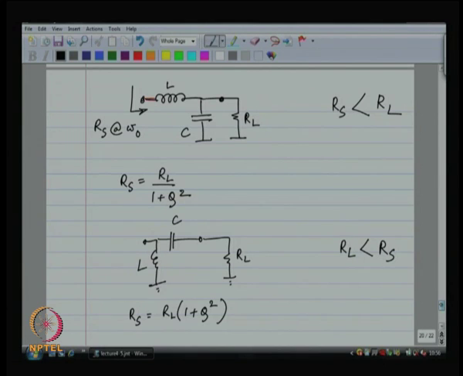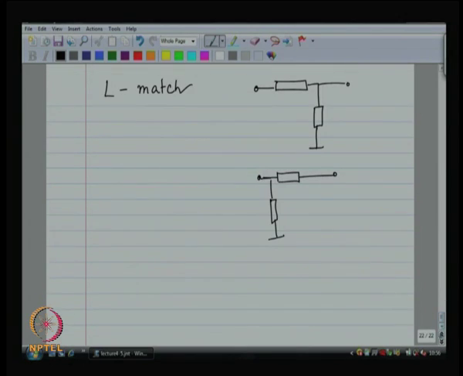Is this the end of our studies of matching networks? Not quite. There are a lot of problems with this. Let me do a numerical, and that will kind of illustrate the problems. Okay. So, this is going to be a numerical.